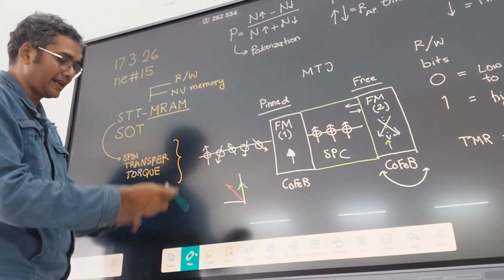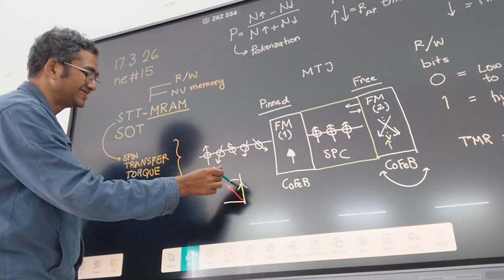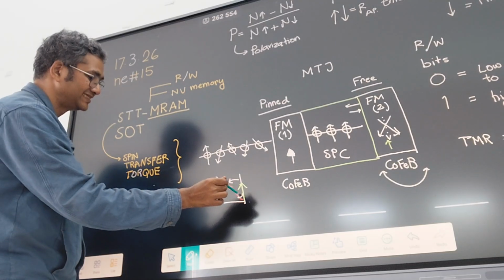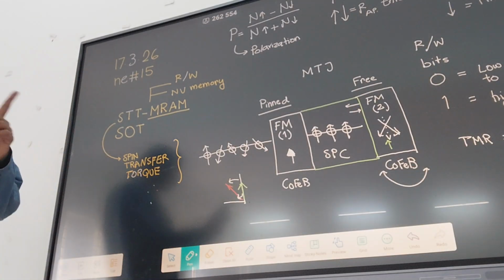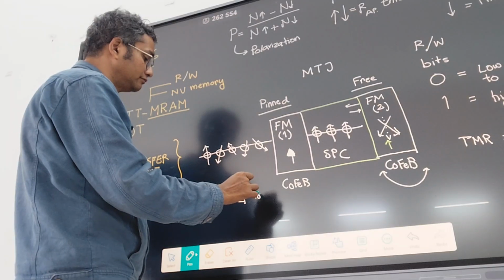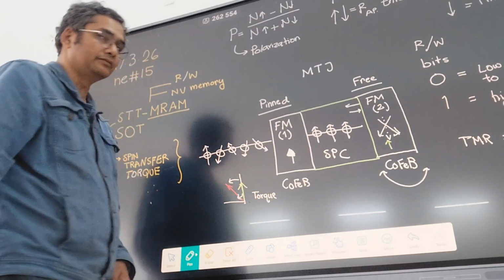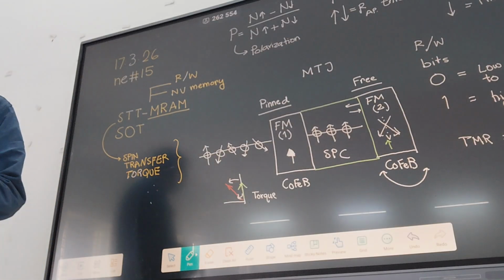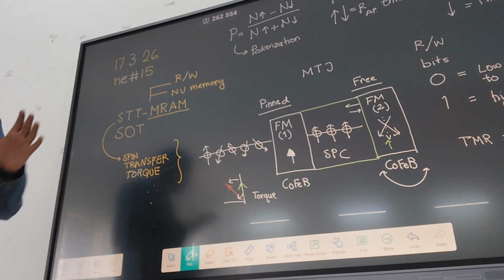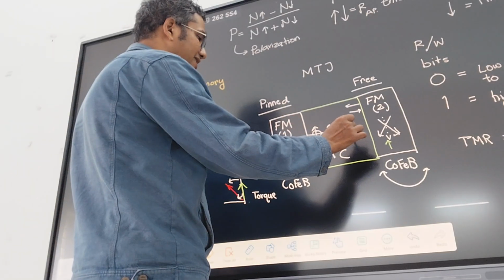So when they interact, there will be an equal and opposite force. It will be like this. This is the torque. Right? Equal and opposite force. This will try to align this, and this will try to align that. So there is a torque arising here.